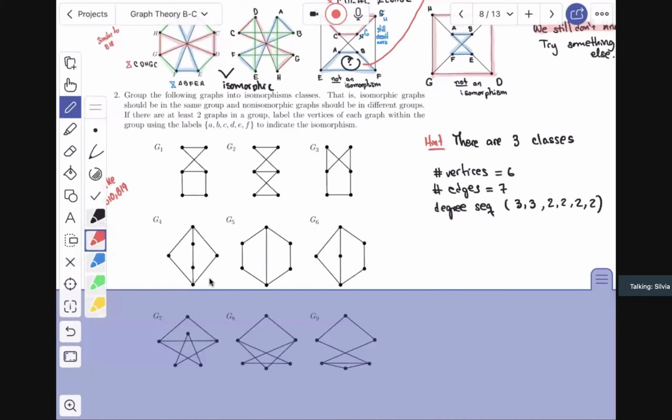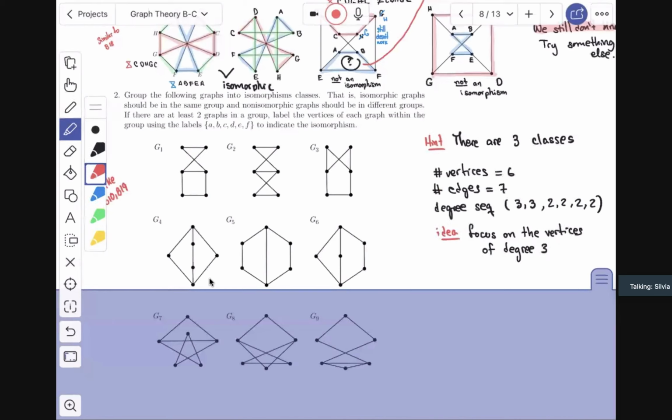So the idea to try to classify them is to focus on the vertices of degree 3. Let me highlight those. The vertices of degree 3 are here, here, and here.